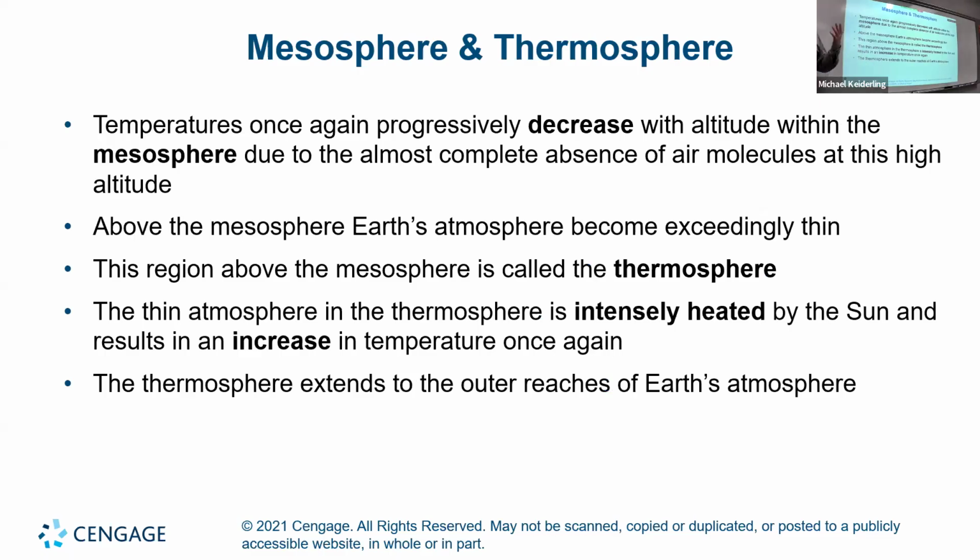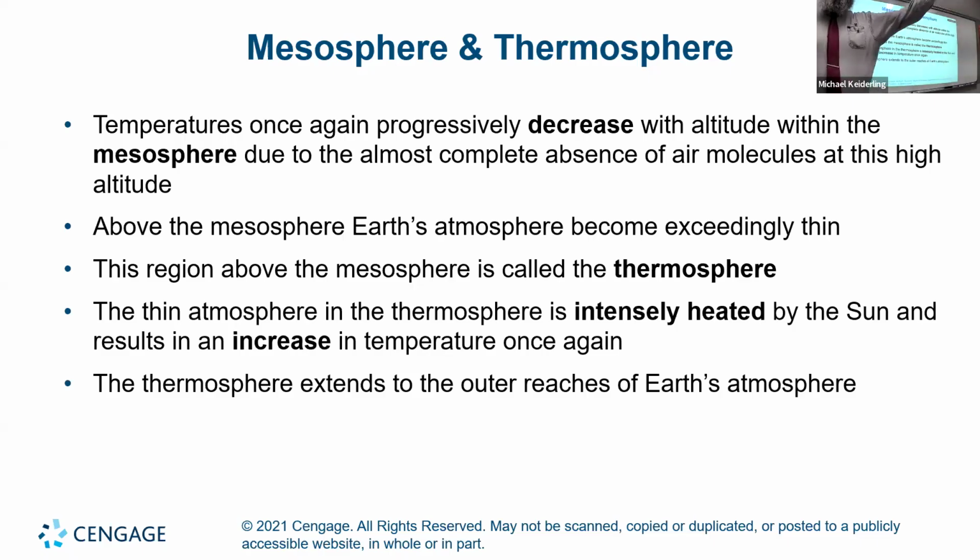And temperatures, once again, decrease with altitude within the mesosphere because there's basically nothing there due to the absence of air molecules. And above the mesosphere, the Earth's atmosphere becomes exceedingly thin. This region is called the thermosphere.